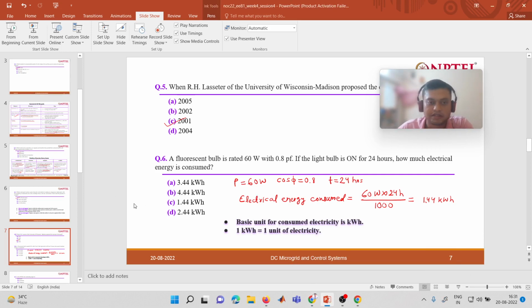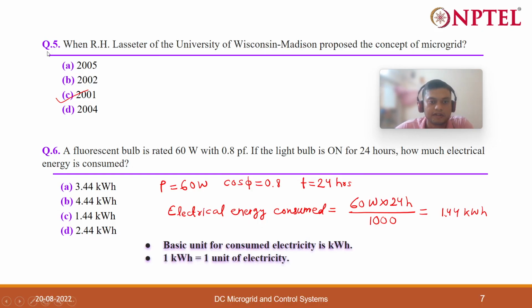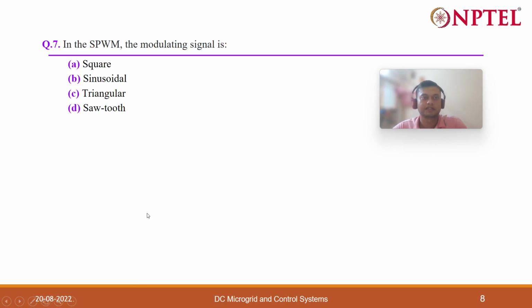So the answer for this 6th number question is C. Now let us see this 7th number. In the SPWM, the modulating signal is: square, sinusoidal, triangular, sawtooth.